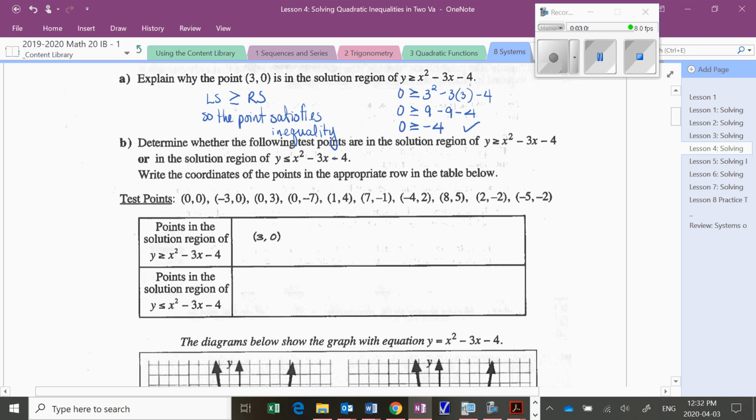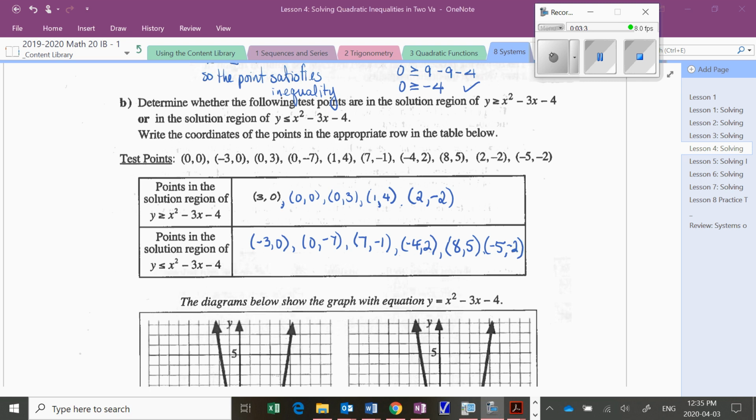You're going to test all of these points out through substitution. Go ahead and press pause on this and work through all of those points, and we'll come back and talk about that when you're done.